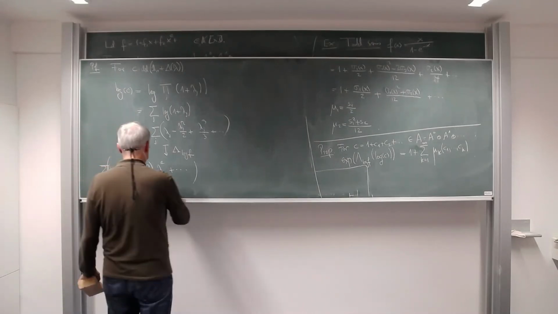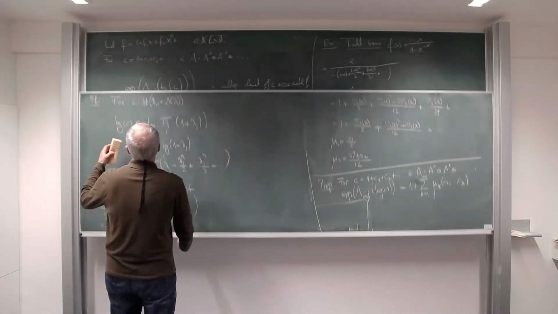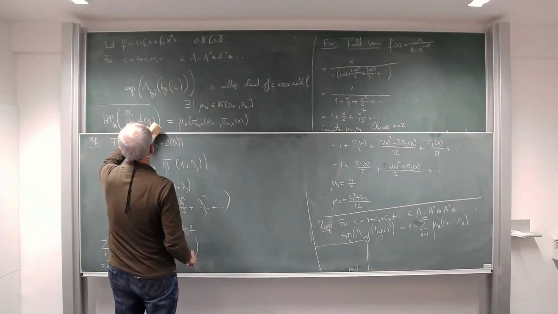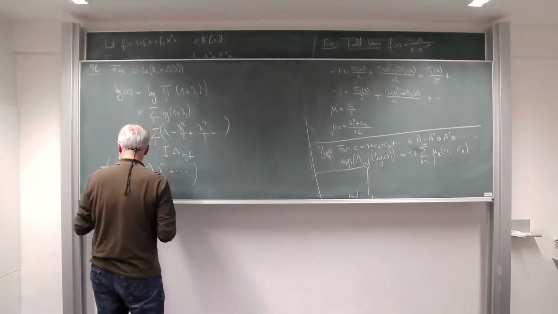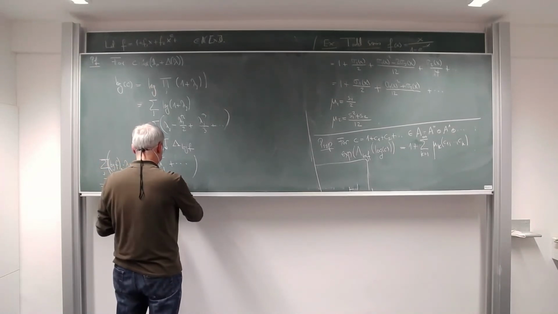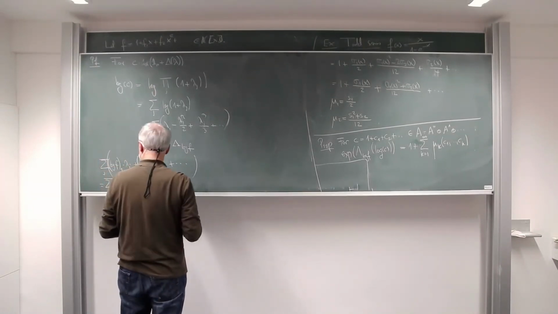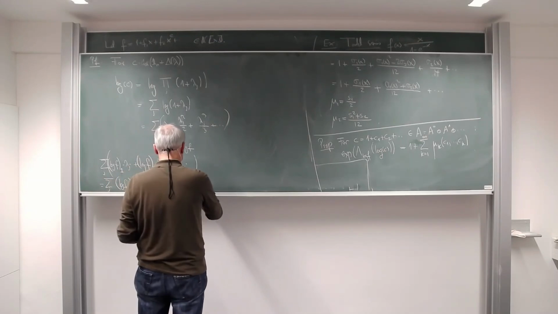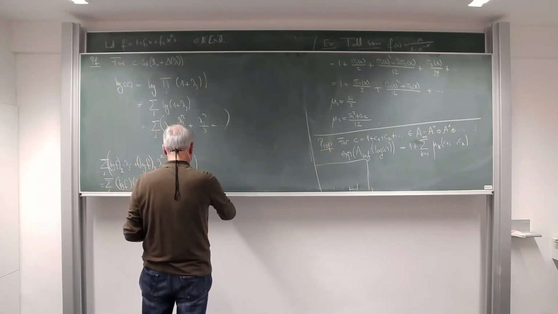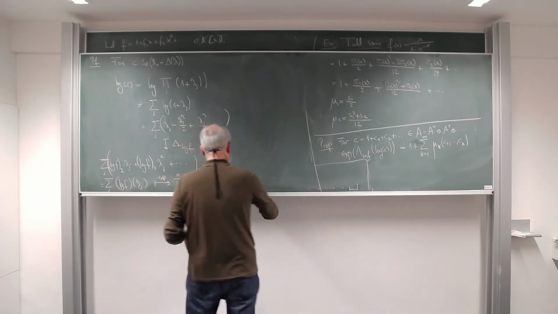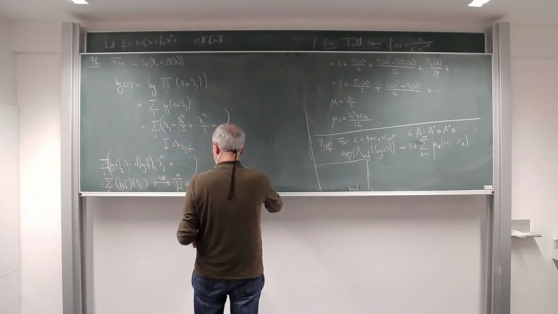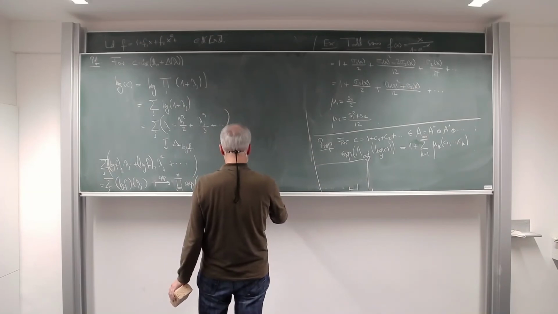And now the final thing we want to apply is the exponential series here. This will convert the sum into a product again. And then we have the exponential of the logarithm of f of lambda j, which is of course nothing but the product of f of lambda j.